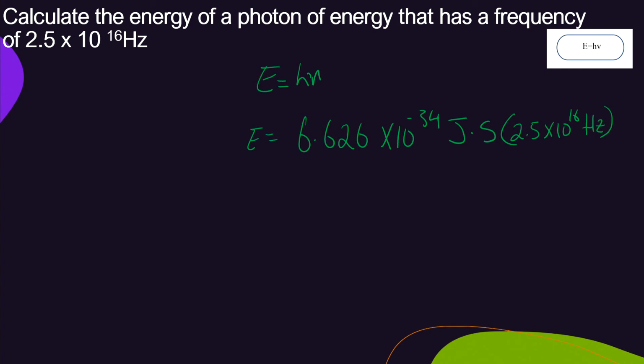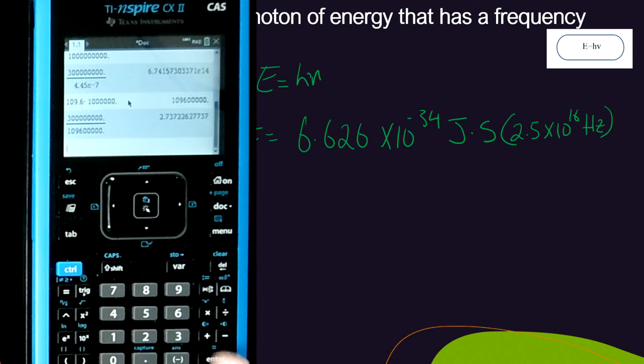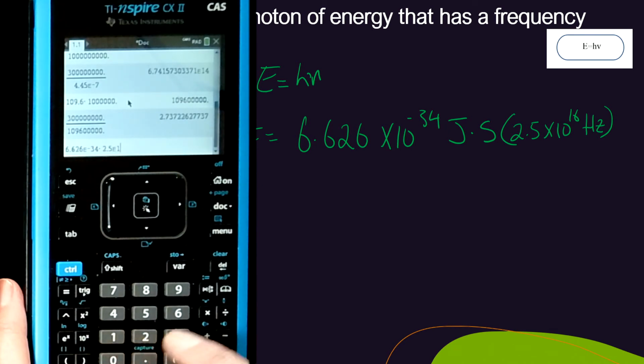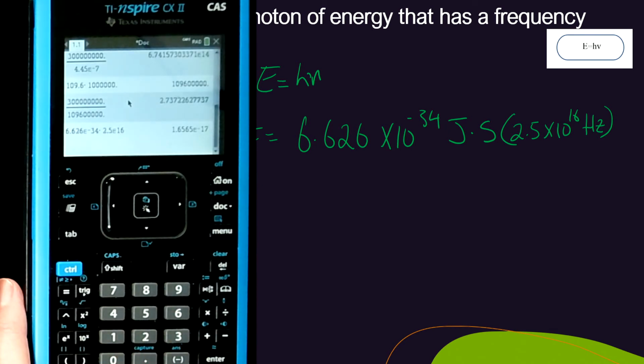So let's go ahead and enter that into our calculator. So 6.626 EE negative 34 multiplied by 2.5 EE16. And we see that we get 1.656.